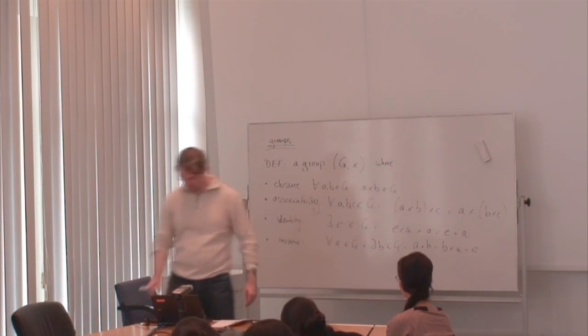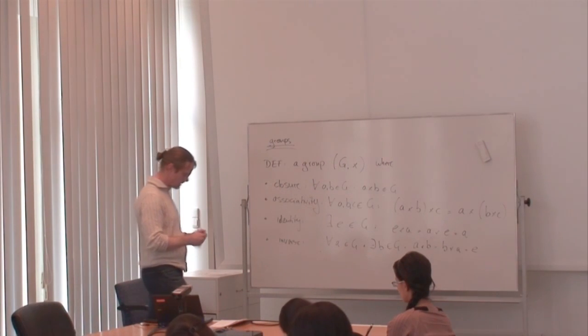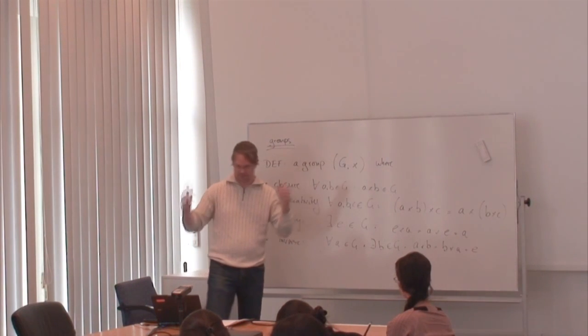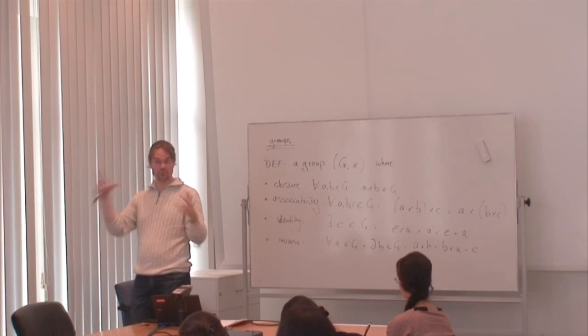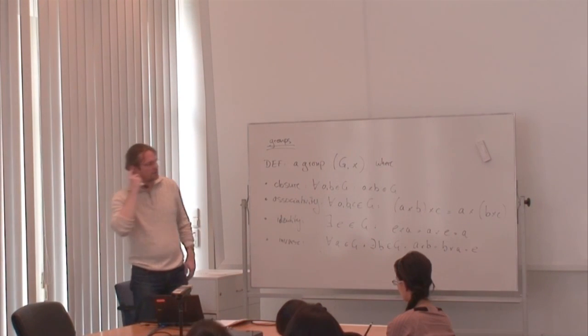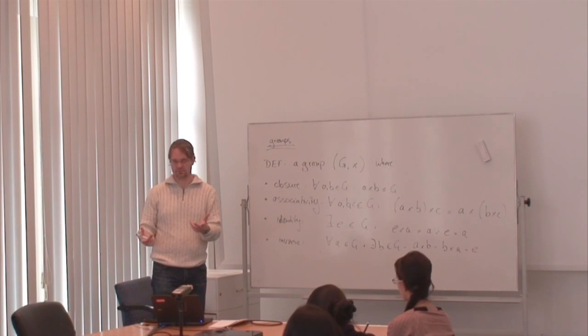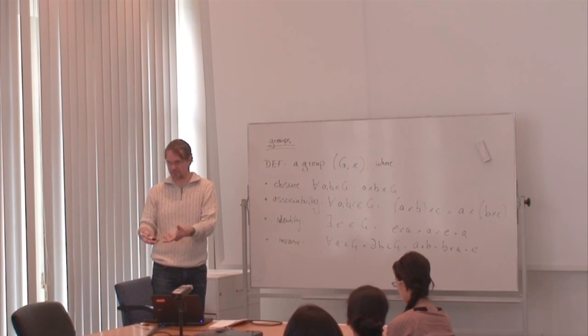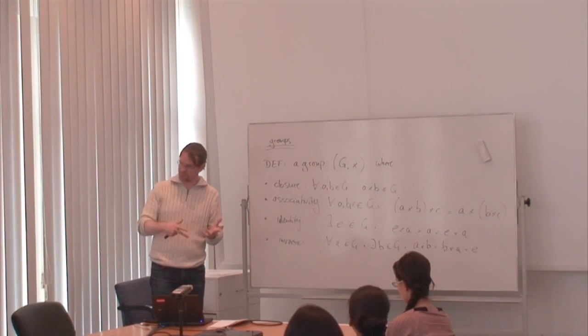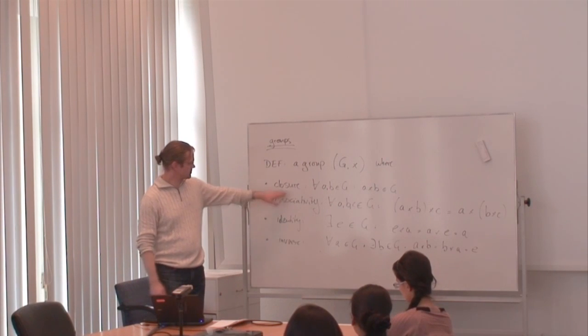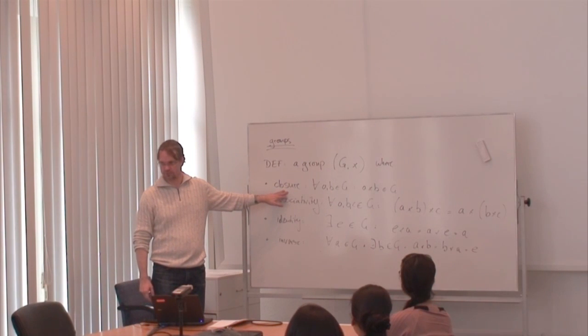Now, think of what you know about matrices, right? For instance, what we just saw was a 2 by 2 matrix. If we multiply two 2 by 2 matrices using what we know as matrix multiplication, we get another 2 by 2 matrix. So this seems to hold for 2 by 2 matrices, right?